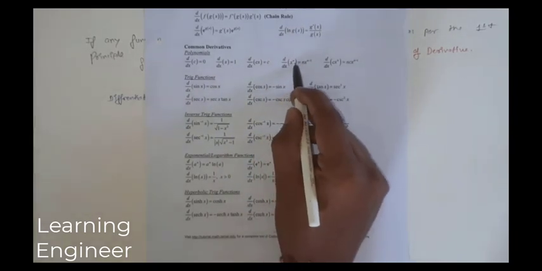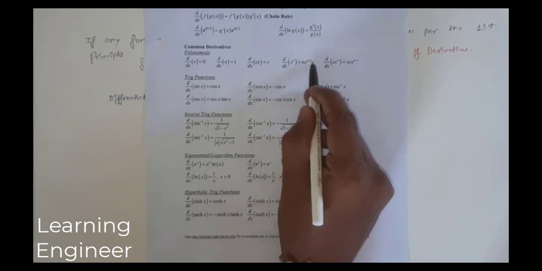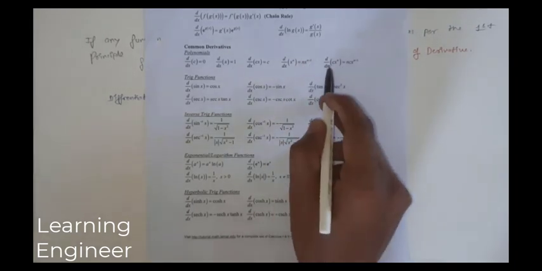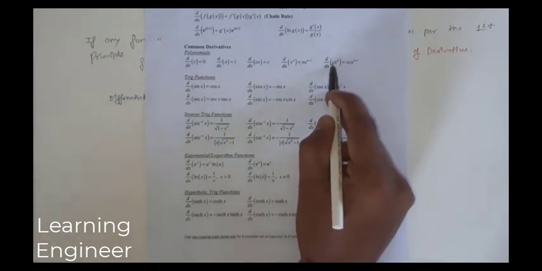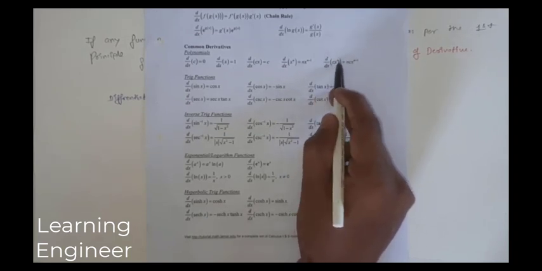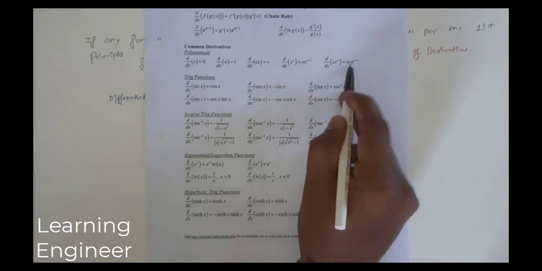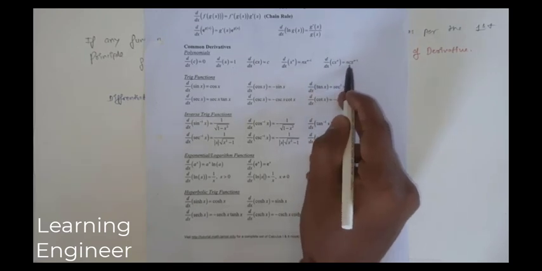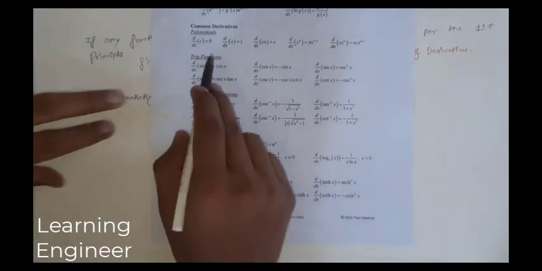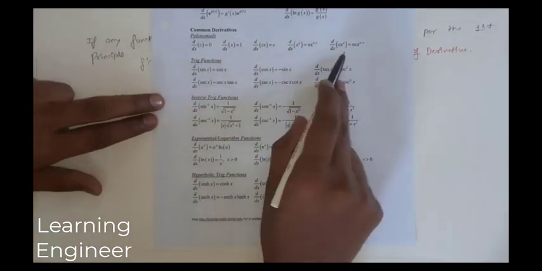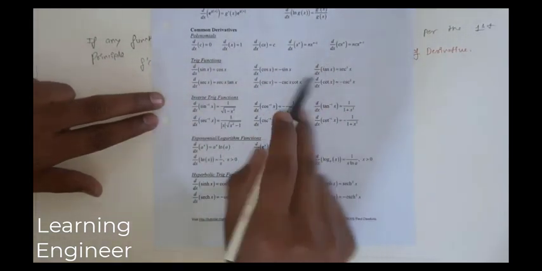Derivative of x raised to n, this is a standard formula, n x raised to n minus 1. Derivative of c into x raised to n: c is constant, so keep it on the outer side. The derivative of x raised to n is n x raised to n minus 1, which will be multiplied with c. So these were the standard derivatives for polynomial functions.